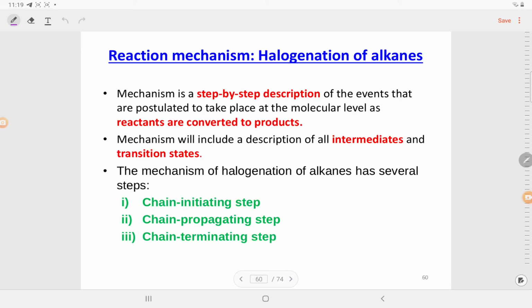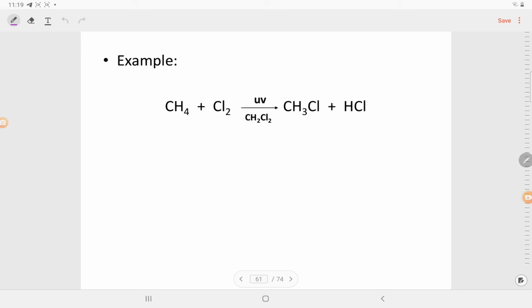Most importantly, we learn about the mechanism of the halogenation reaction. This mechanism is used to show how the product forms in three steps. First step, chain initiation. Second, chain propagation. And third, chain termination. If this question is given to you, write the mechanism.